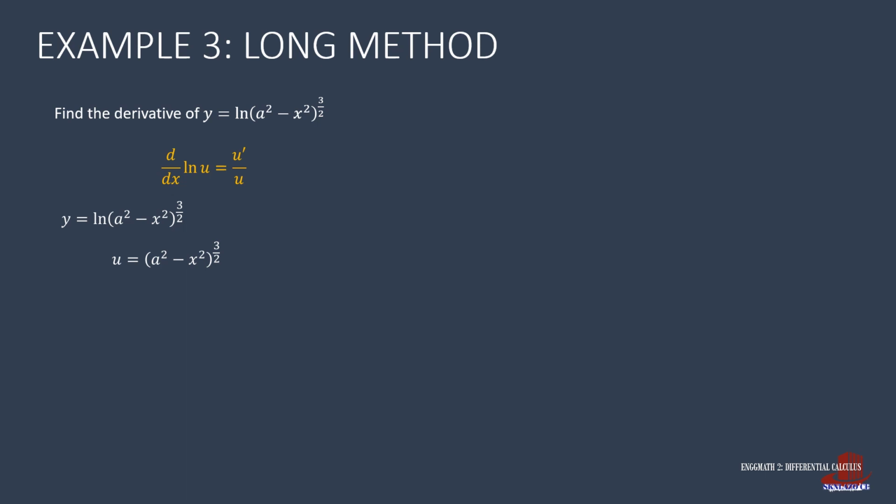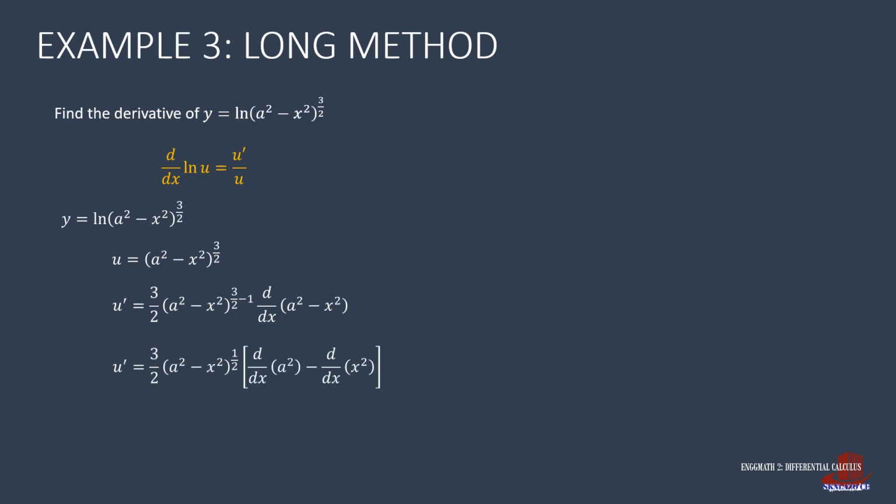With 3 halves as the exponent, we solve for the derivative of u using power rule, where the detailed derivative of a squared is taken as 0, as a is constant, and the derivative of x squared is 2 times x times further derivative of dx all over dx. So u prime is negative 3x times the root of a squared minus x squared.